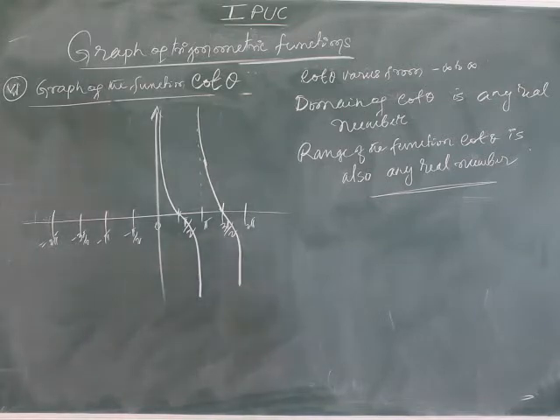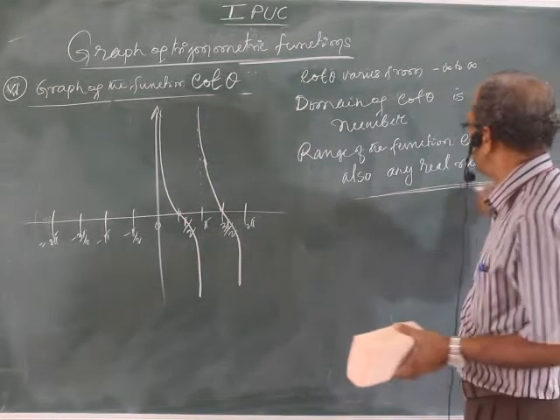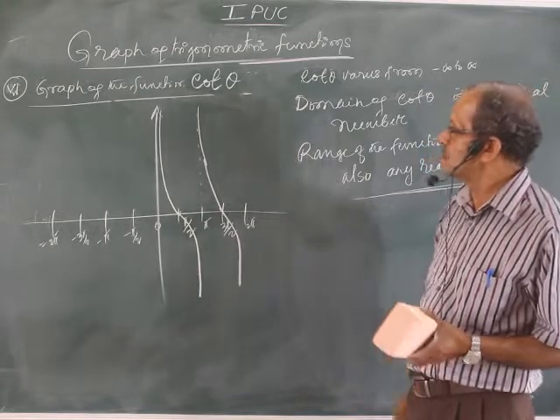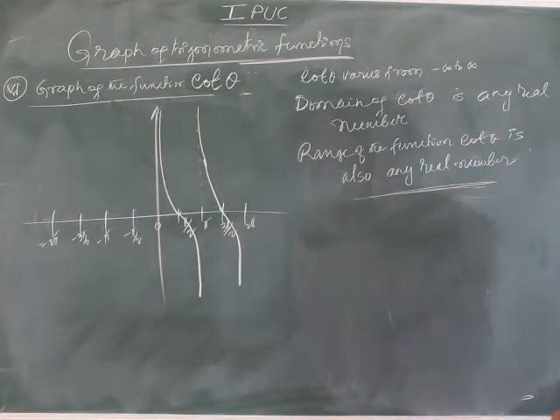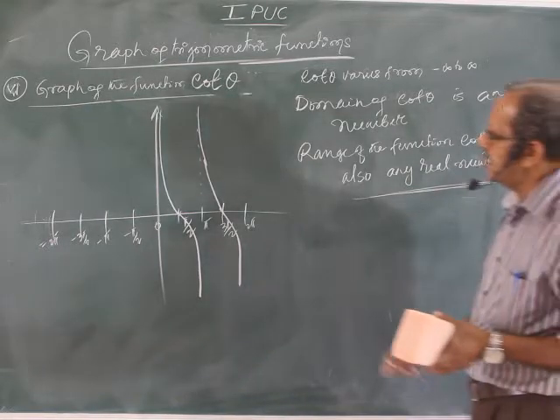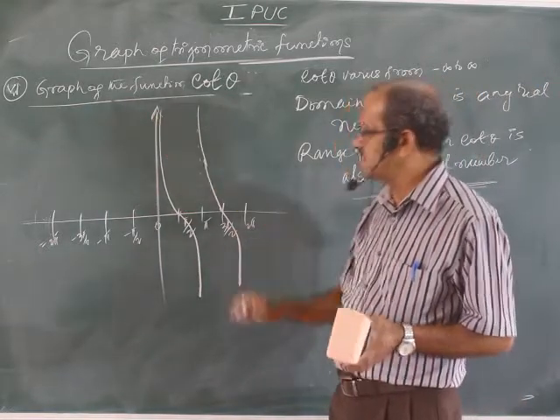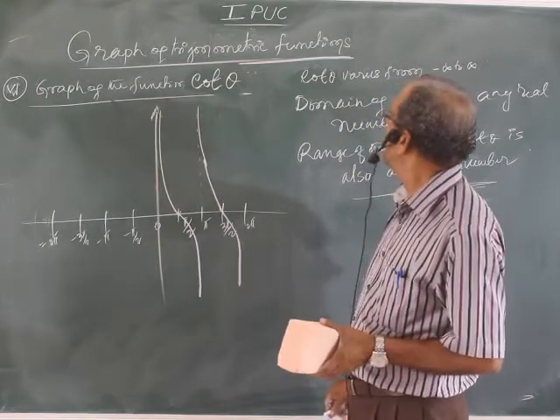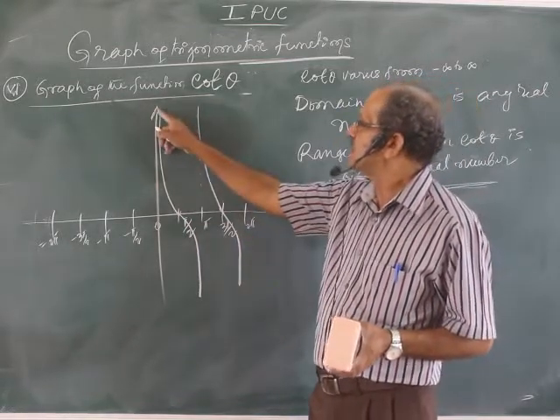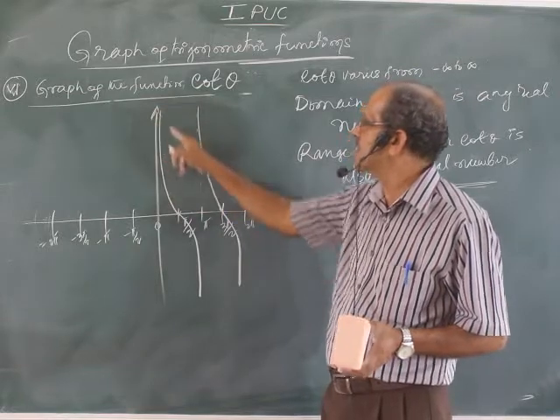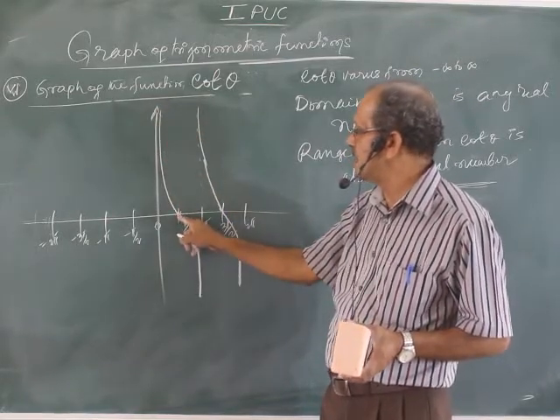So, these are the graphs of the trigonometric functions. Even though it is not so important, you must know the graph or the nature of the function, the variation of the function. From 0, the function in the first quadrant decreases from infinity to 0.